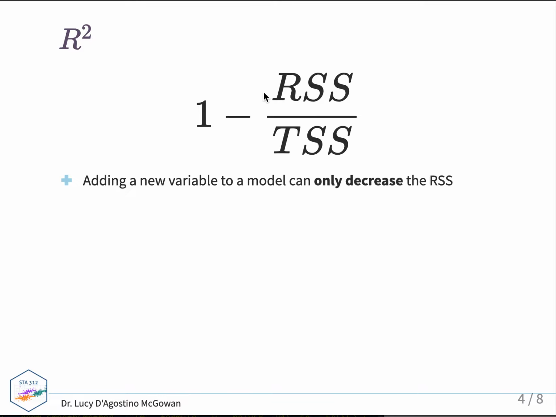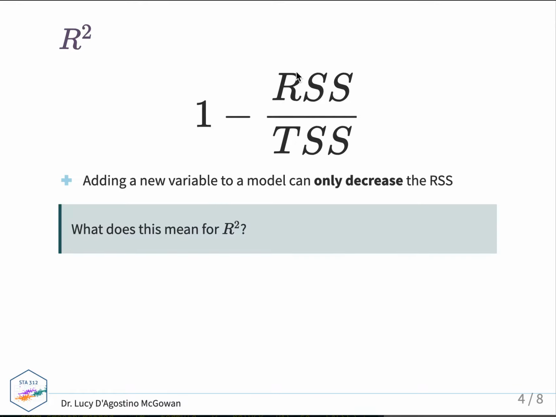And if you take 1 minus something that's getting smaller as your number of variables gets bigger, then your R-squared can only increase as your number of predictors increases.